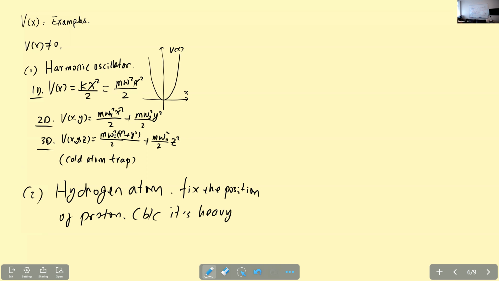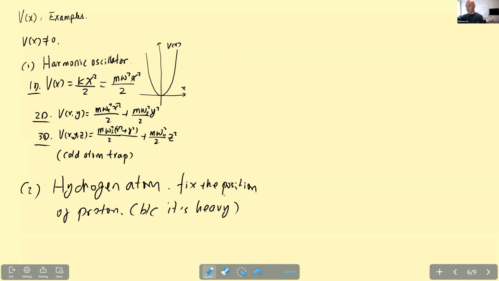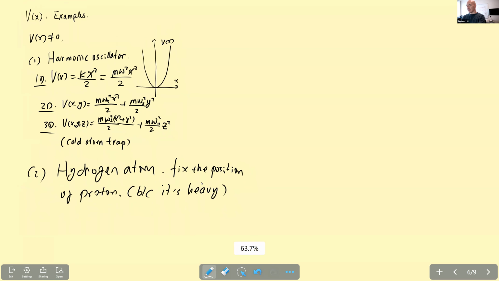If it's heavy, let's say it's not moving at all. Then we just need to consider the potential felt by the electron from the charge interaction. We know that this V(x,y,z) is actually symmetrical in different angles.